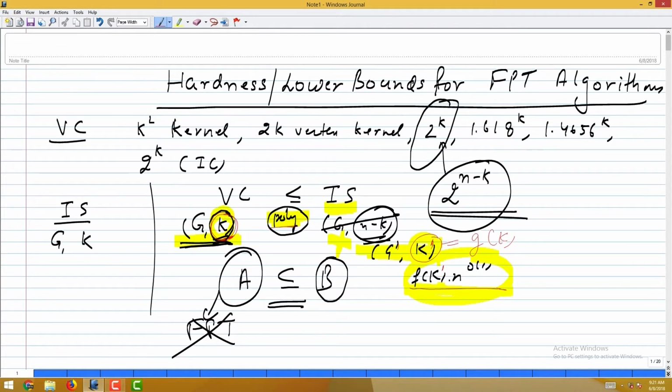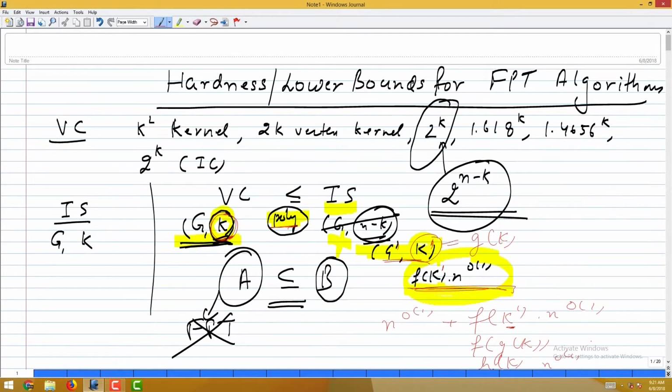In polynomial time, I'll create this instance, and then I'll solve this instance in this much time. So the total time taken would be some polynomial plus f of k prime into poly n. Now f of k prime is nothing but some f of g of k, and this is nothing but some h of k. So this is some FPT algorithm for vertex cover, because this is some h of k into polynomial in n time algorithm, right?